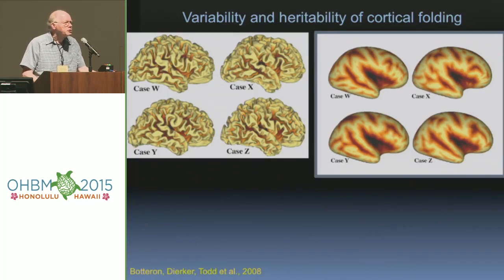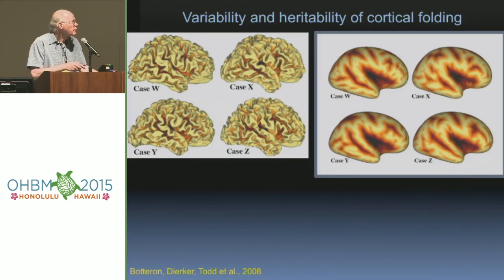Let me come back to this issue of the pattern of convolutions. I think, as all of you know, but is explicitly represented here, here are right hemisphere lateral views of cortical mid-thickness surfaces from 4 individual subjects to show you the diversity of folding patterns.